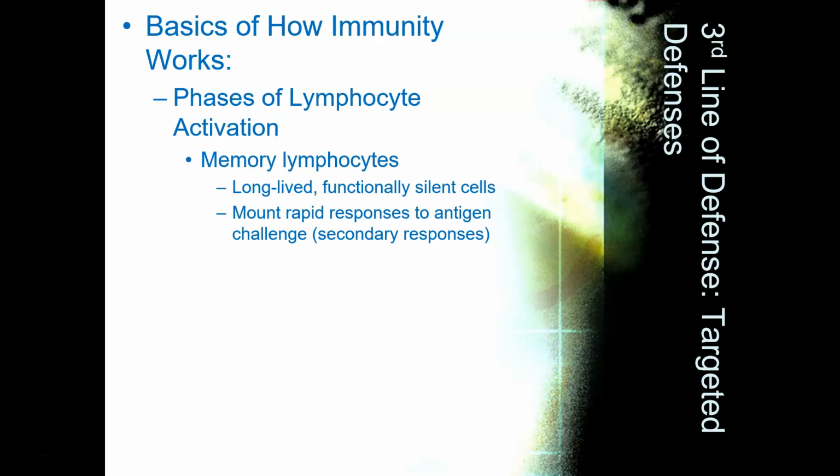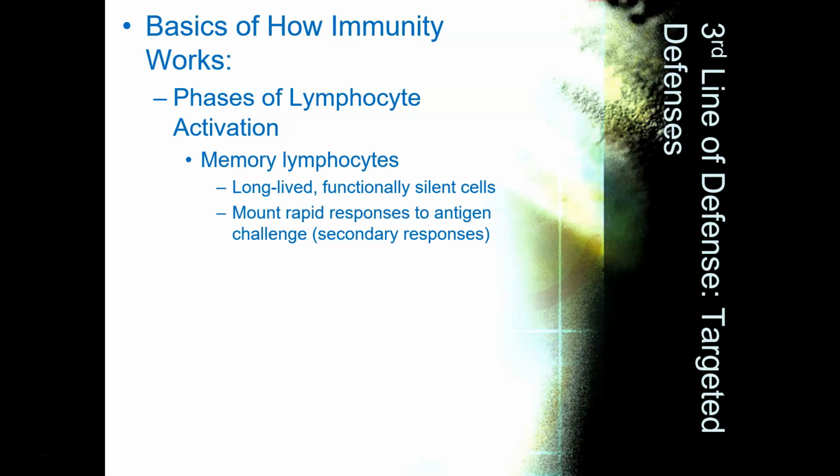These are the ones that are long-lived. These are the ones that are hanging out in your body just waiting to find that same antigen again. But they're functionally silent. They're just sitting there waiting. They're not actually doing any sort of immune response. They're just monitoring to see if they come across that again.